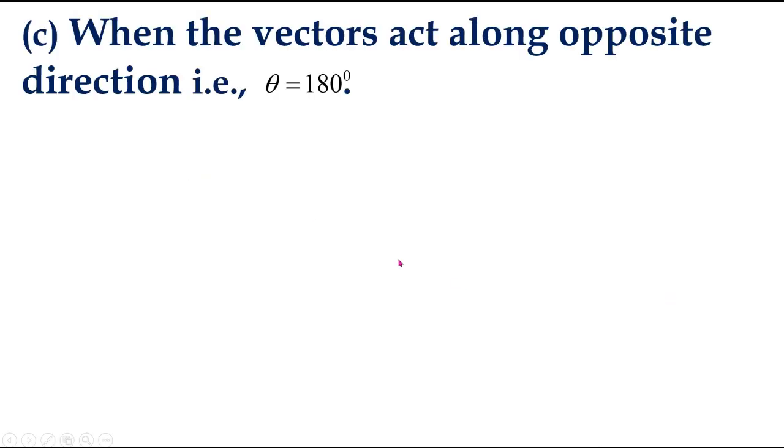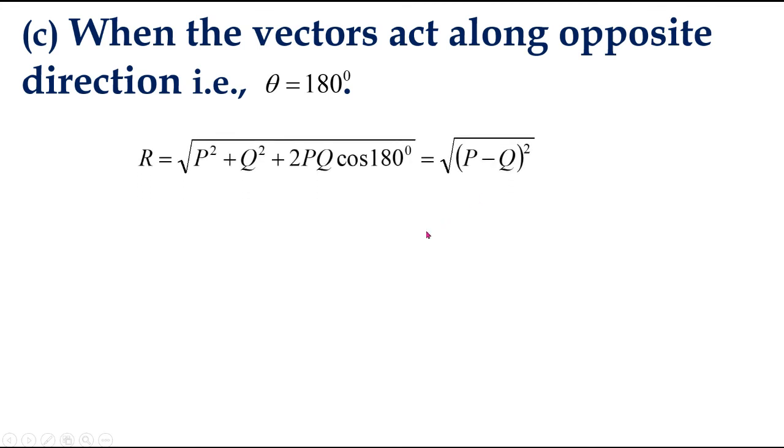Third case, when the vectors act along opposite direction, that is theta is equal to 180 degrees. The magnitude formula R is equal to root of P square plus Q square plus 2PQ cos theta. Theta means 180, so P square plus Q square plus 2PQ cos 180 degrees. Cos 180 degrees is equal to minus 1.